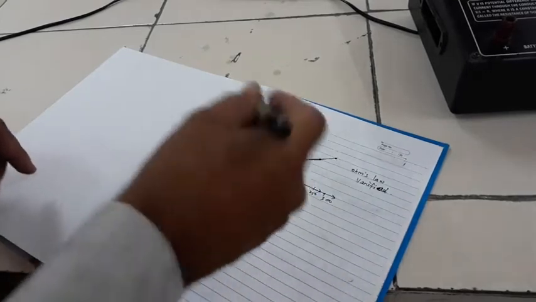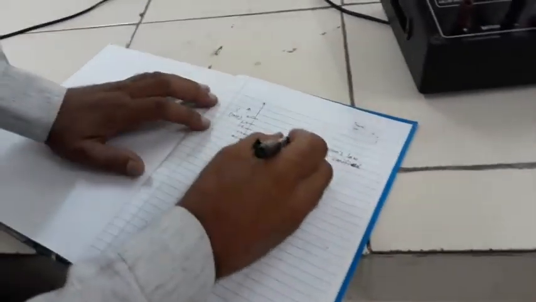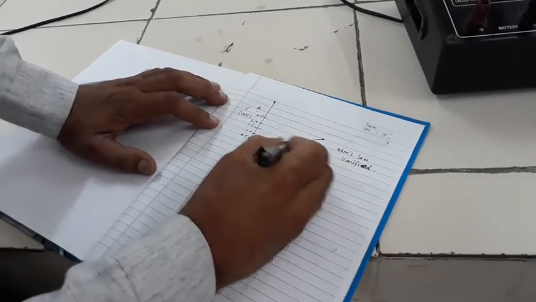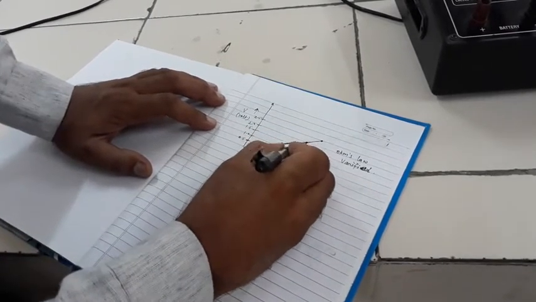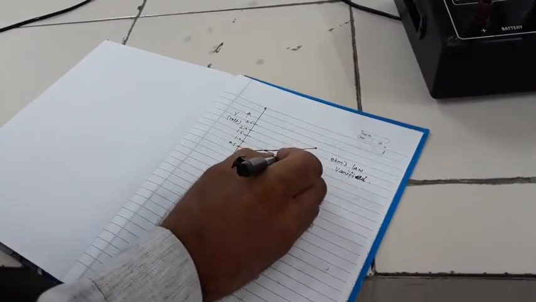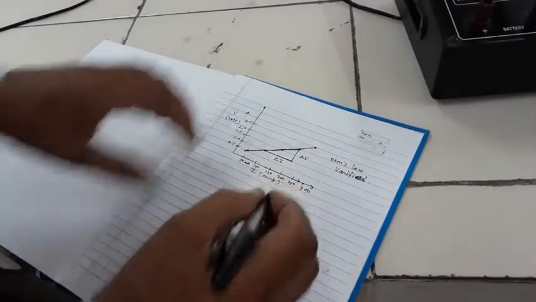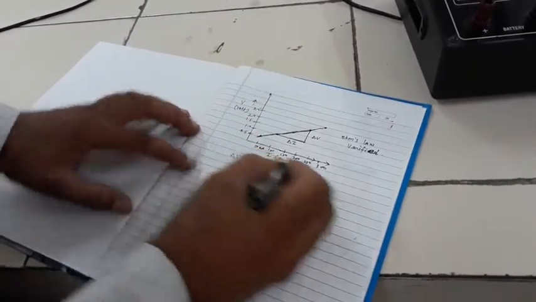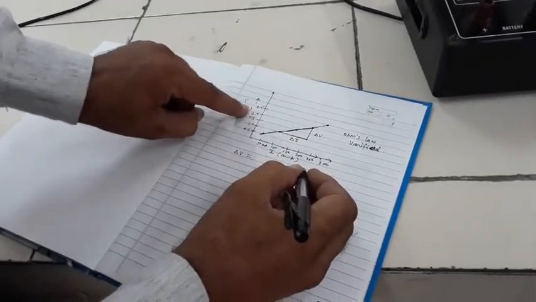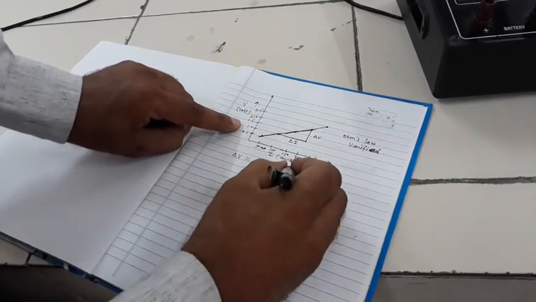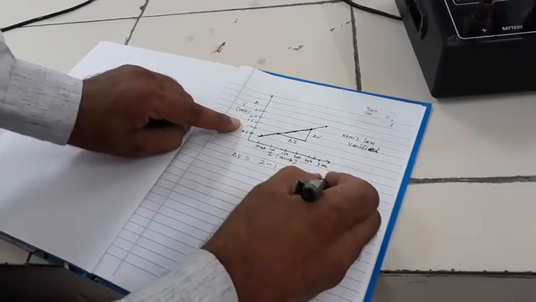Now we are finding the value of resistance. Then we draw a triangle like this. This is delta V and this is delta I. The value of delta V is 2 minus 1, which is equal to 1 volt.